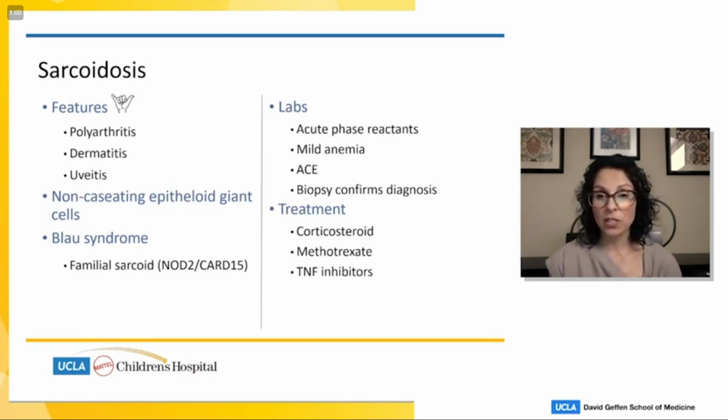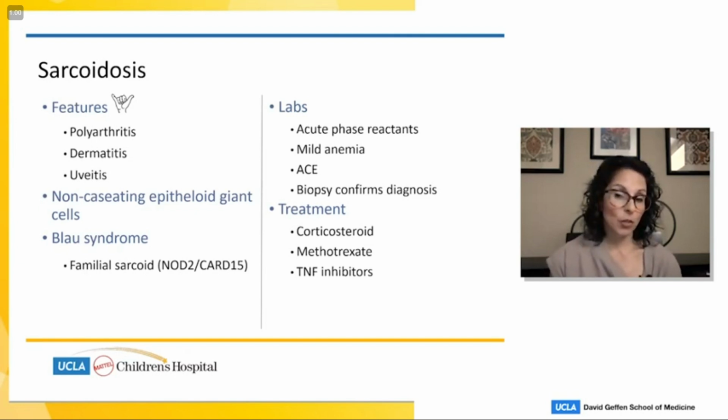Labs for sarcoidosis patients include elevated acute phase reactants, mild anemia from anemia of chronic disease. Oftentimes, the ACE is normal in our pediatric population because they do not have pulmonary involvement like we see in the adult counterparts.